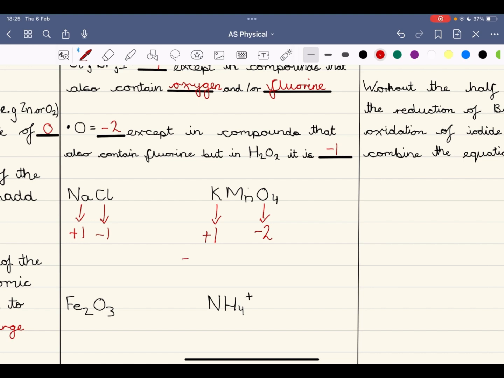So we do +1 for the K, and then +x for the Mn, and then plus 4 lots of -2 for the oxygens, and then we let that equal 0, and then we get x is equal to +7, so Mn is +7.